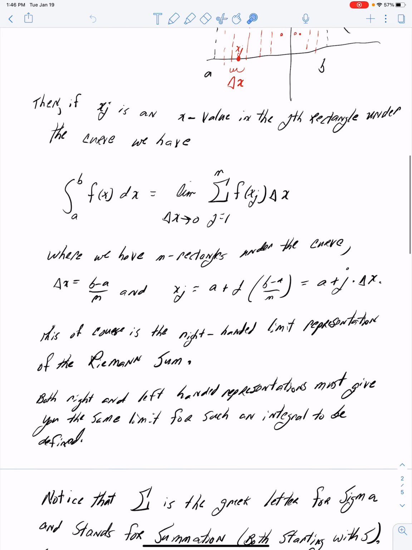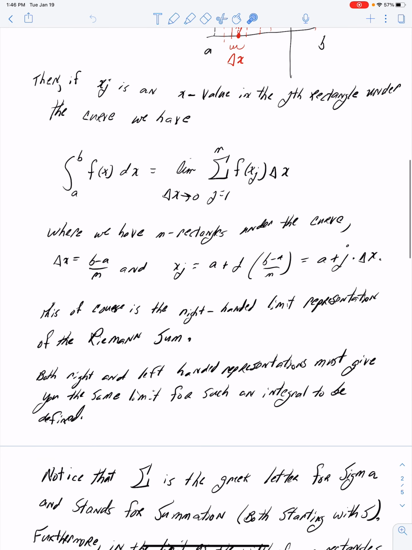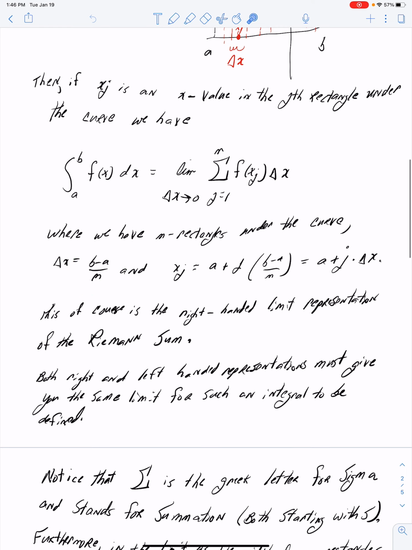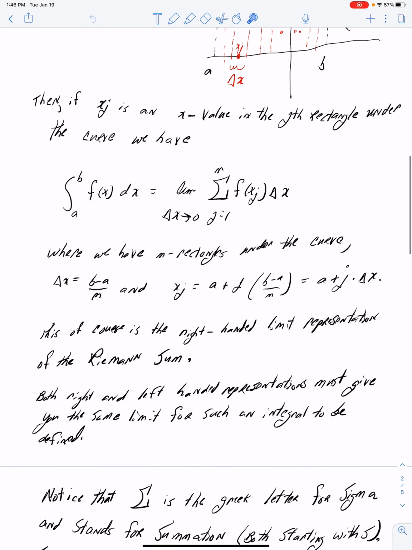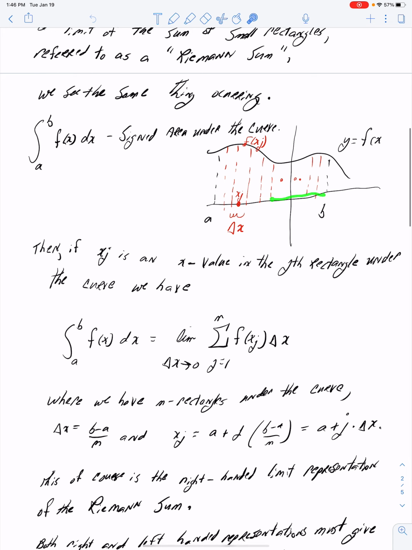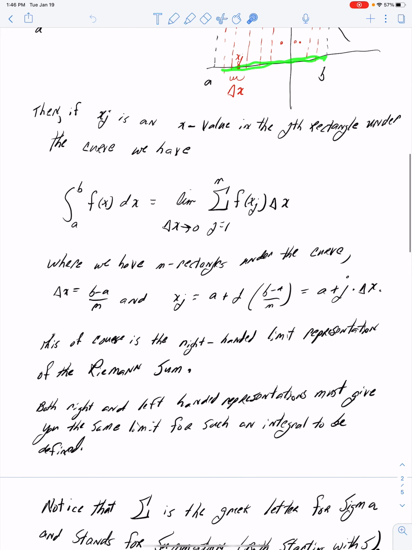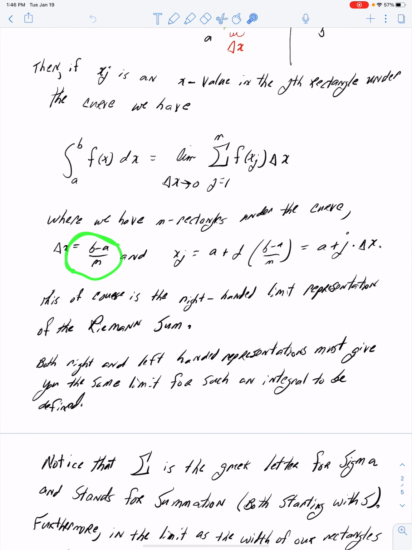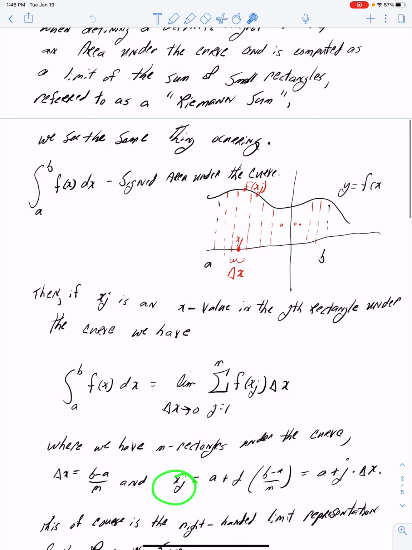Now, if we split up all these little rectangles with equal width, the width is going to be b minus a, that's the length of this interval here, all over how many rectangles we want, n, and xj just really has to be inside of each of these intervals.